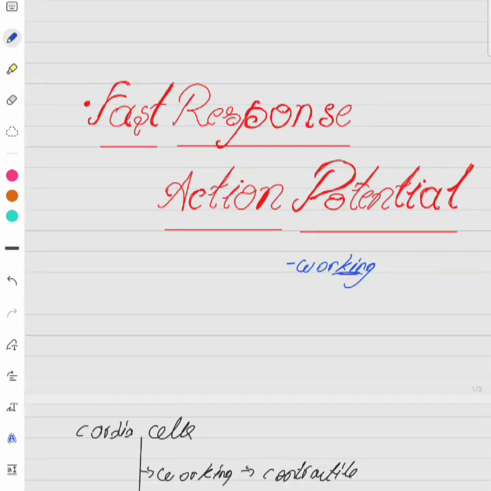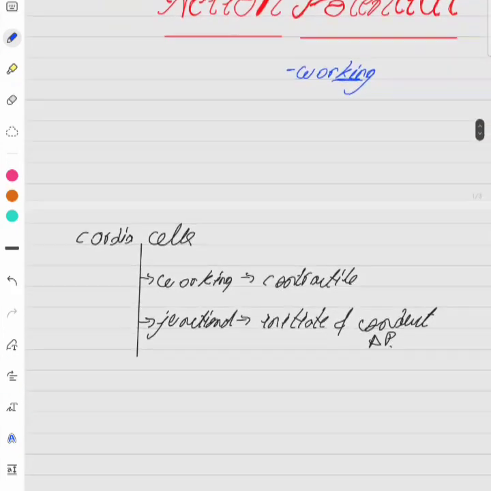Now, what is this fast response action potential? It is the change in potential of the cell when these cells are excited and do what they are meant to, in this case contract only. So let's plot a graph.